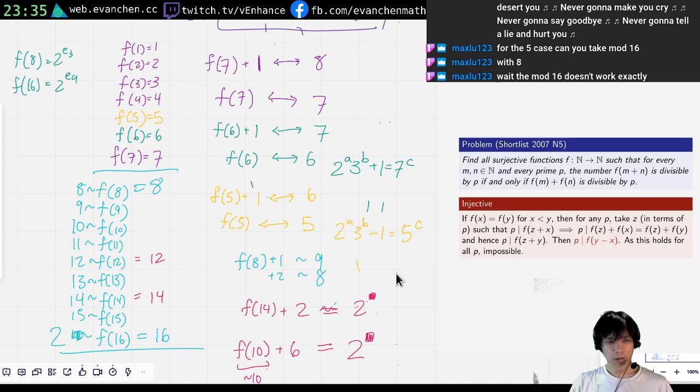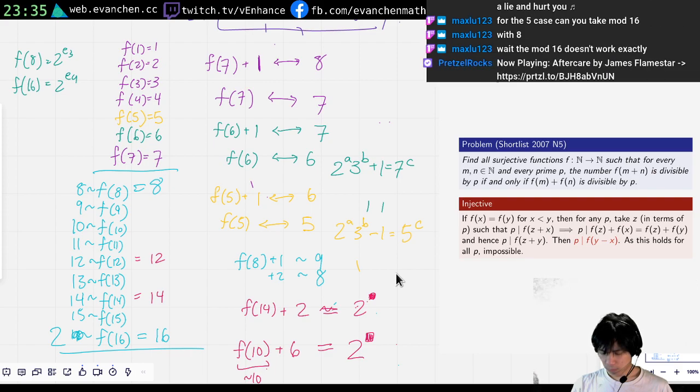Can 2 to the something minus 6 be... Yeah, this is going to get ugly real fast. I can definitely do this particular row, but I don't know if I can do other rows after this point.